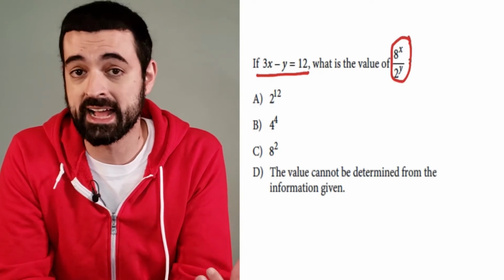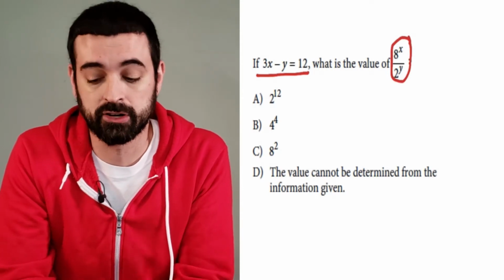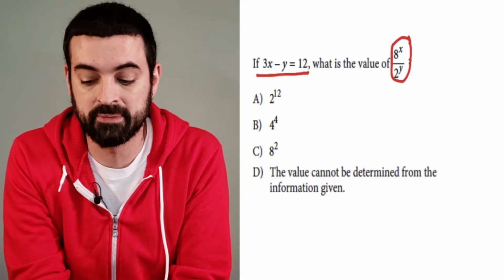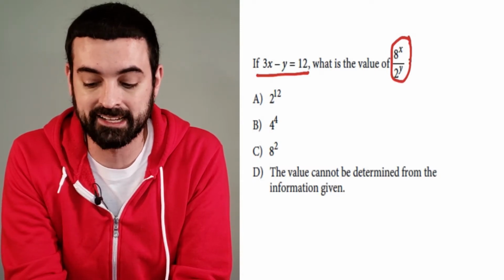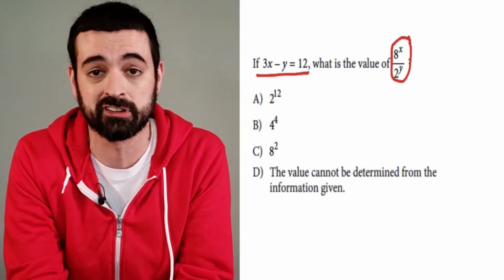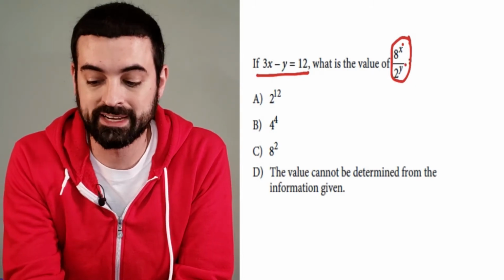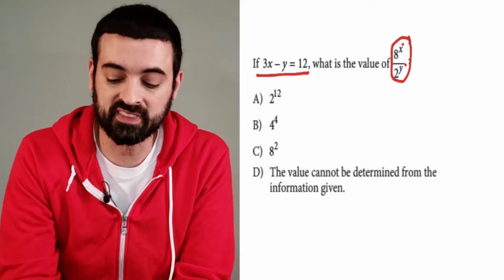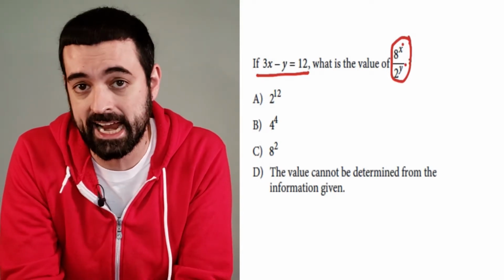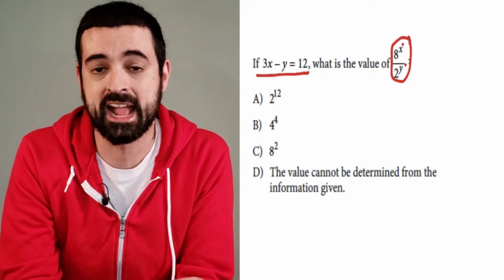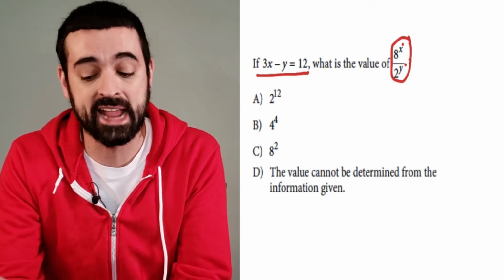What we don't have here that we had in the earlier question, we don't have common bases, meaning 8 is not the same as 2. We can't just subtract our two exponents. But what we can do is rewrite 8 so that it has a base of 2. Then we can subtract.